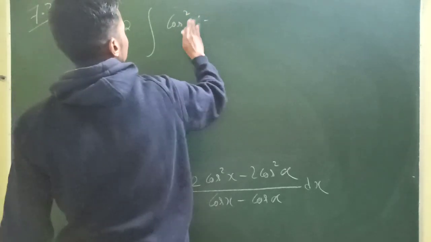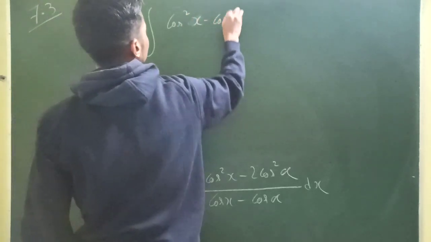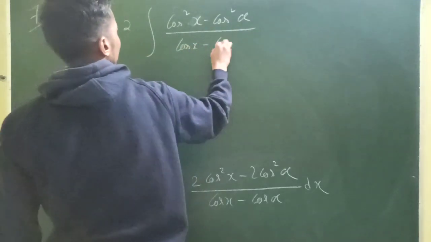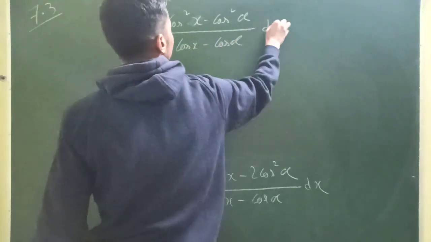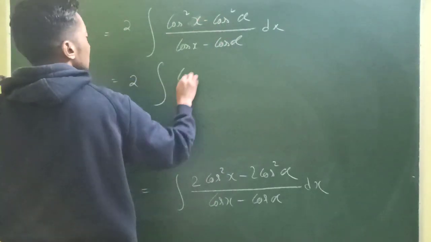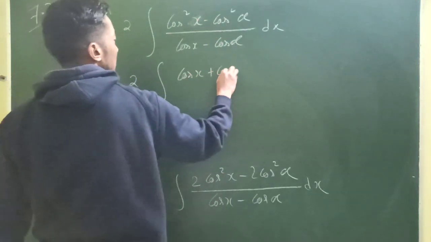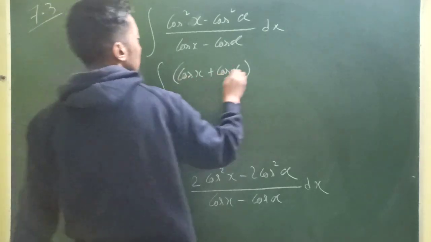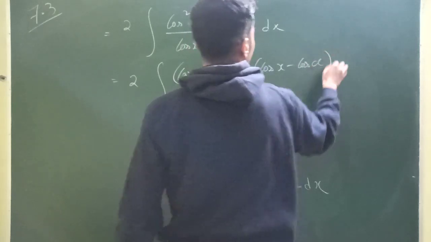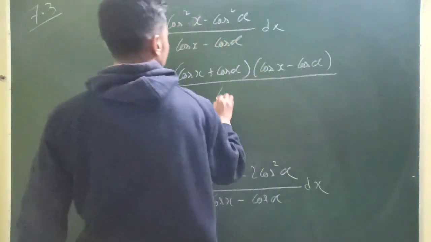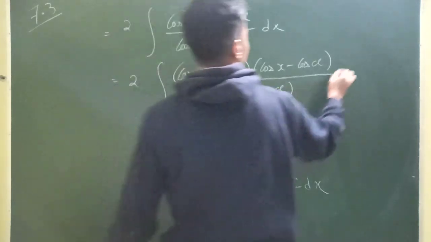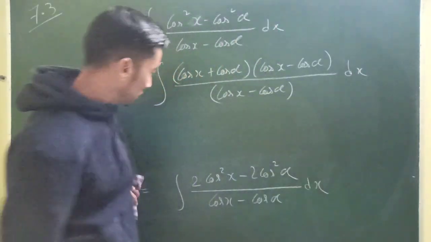Cos square x minus cos square alpha upon cos x minus cos alpha with respect to x. Now what is the formula? You remember the formula for a square minus b square? Yes, that's a plus b into a minus b, divided by cos x minus cos alpha with respect to x.